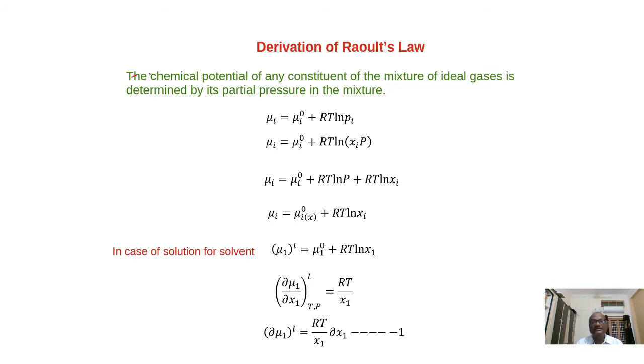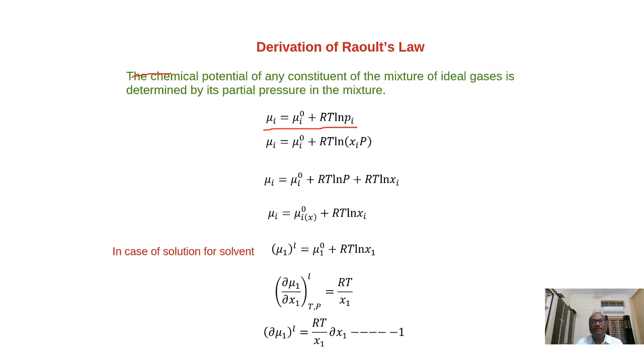So this is a thermodynamic equation which gives a relationship between the chemical potential and partial pressure. What is the relation? Mu i is equal to mu naught i plus RT log Pi, where mu i is the chemical potential of the ith component, mu naught i is the chemical potential of that component when it is present in pure form, and Pi is the partial pressure of that gas in the mixture.